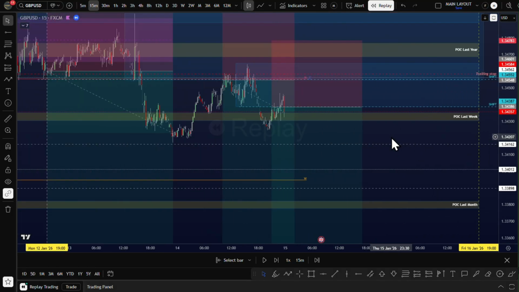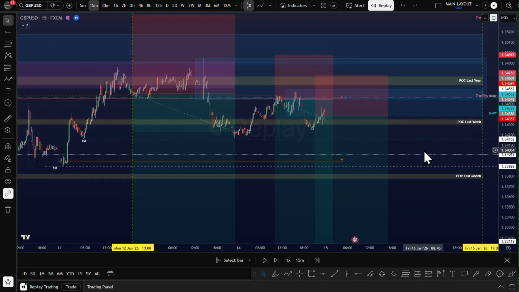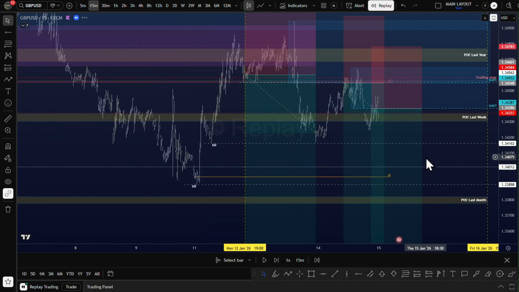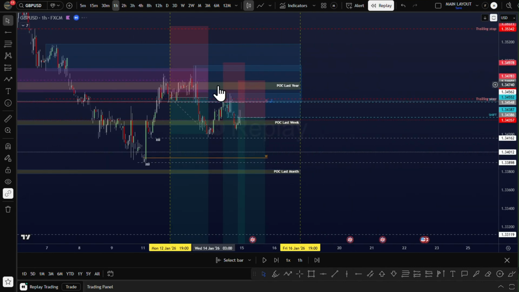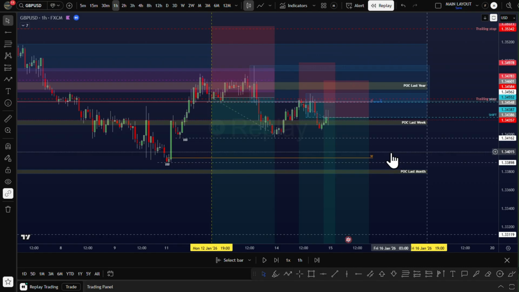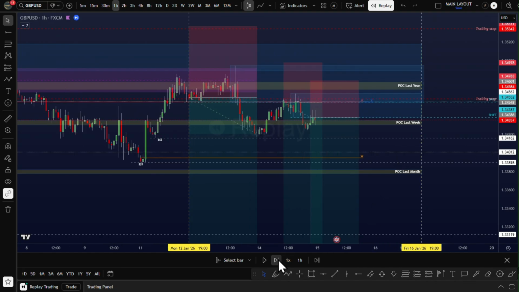I'm scaling in, three entries on this trade, multiple entries. When I have confirmation and a bias on a trade, I don't hesitate to scale in to take advantage of the trend. Okay, so let's play it.